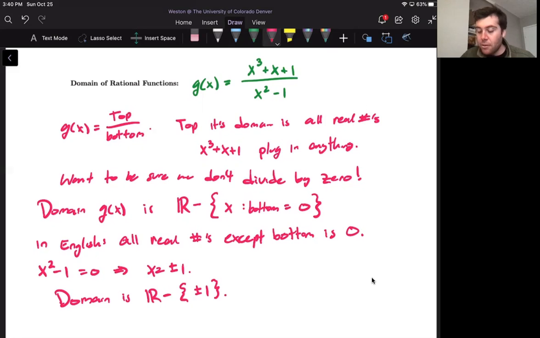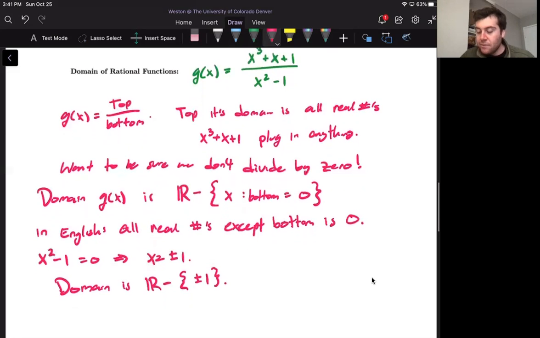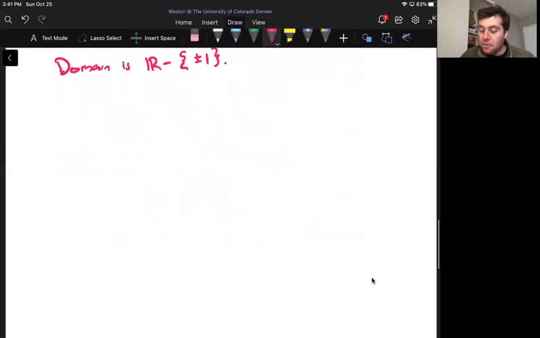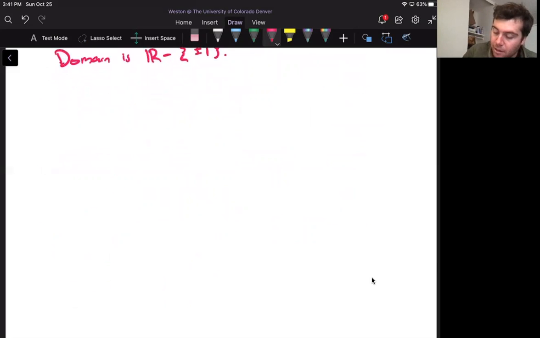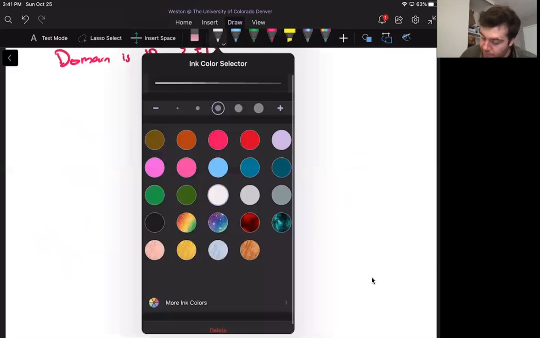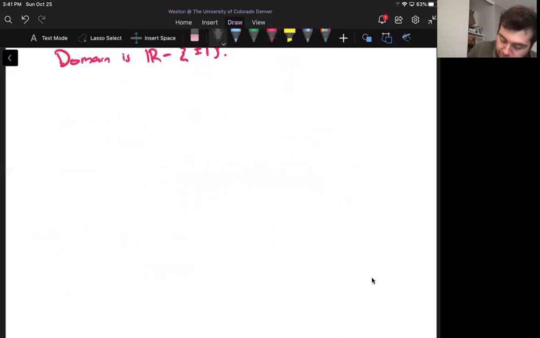To tie up a few loose ends, another thing to notice about rational functions is that the sum of two rational functions is a rational function.